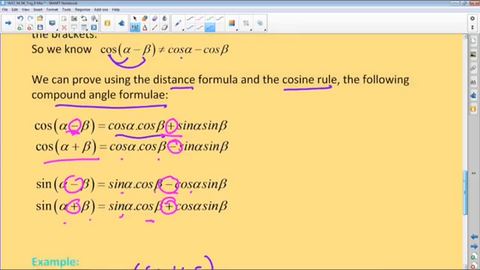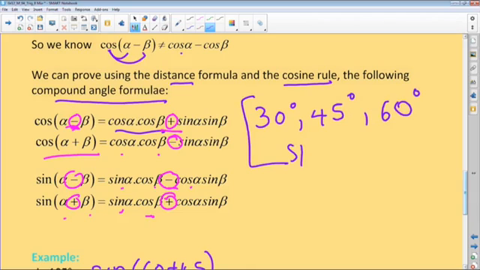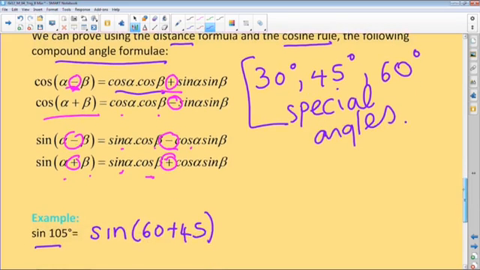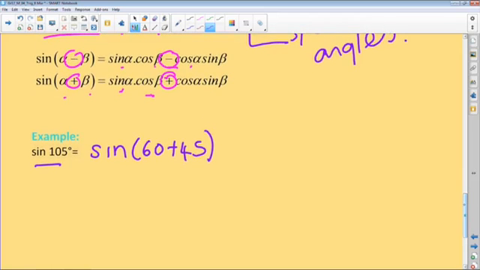So I just want to at this point remind you of the important special angles that you learned last year: 30 degrees, 45 degrees, and 60 degrees. You can have any addition or subtraction combination of these special angles, and you can use compound angles to help you work out the solution without using a calculator, because these questions will often say without a calculator.